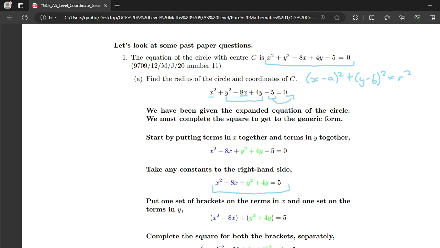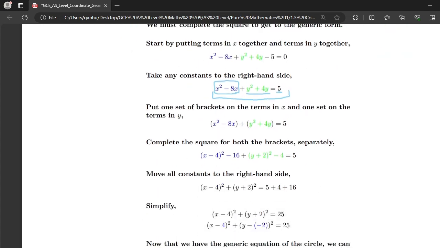The terms that have x are the ones in blue, and the terms with y are the ones in green, and the constant is 5, which is on the right hand side. Then you have to complete the square for x² - 8x, and you end up with (x - 4)² - 16. Then also complete the square for y² + 4y, and you end up with (y + 2)² - 4.